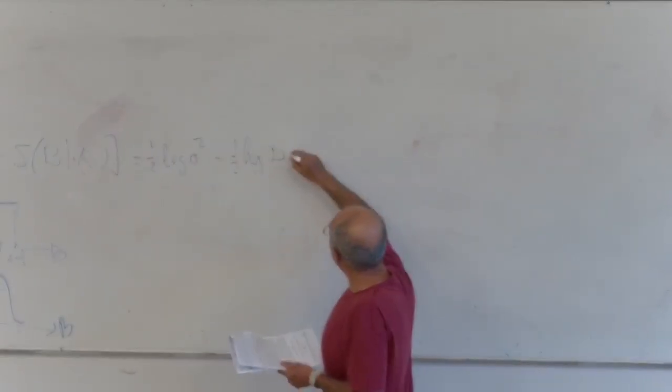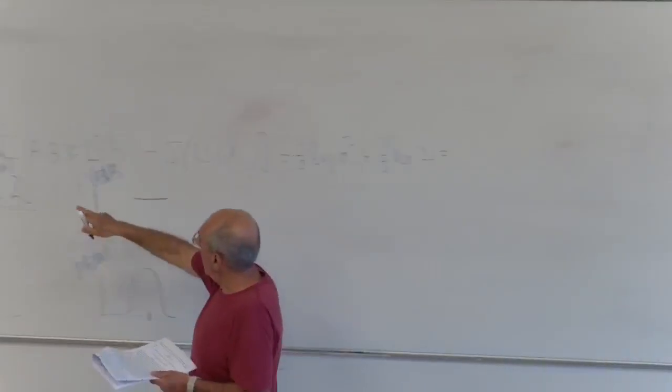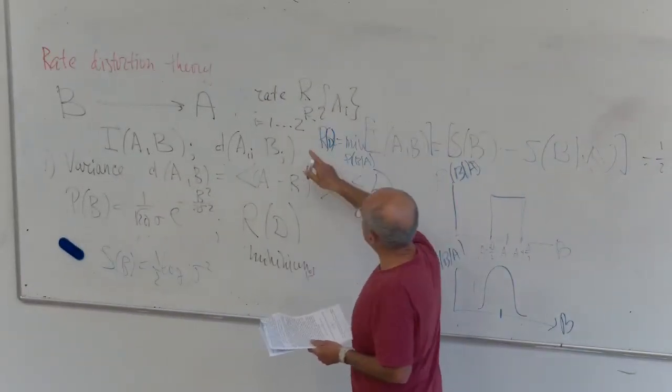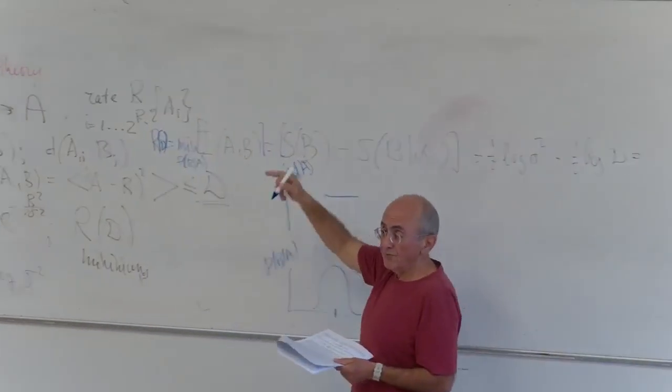So what I would get is R as a function of D, which is called the rate distortion function.